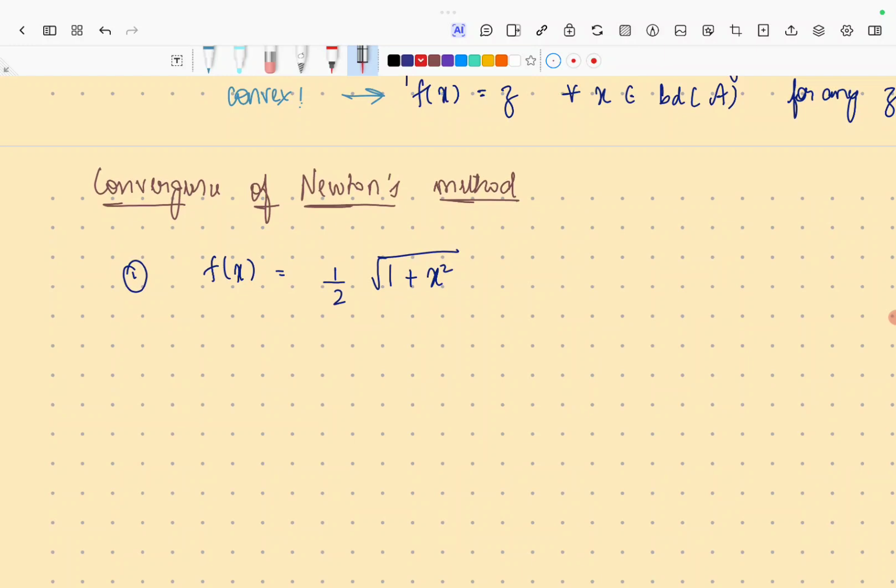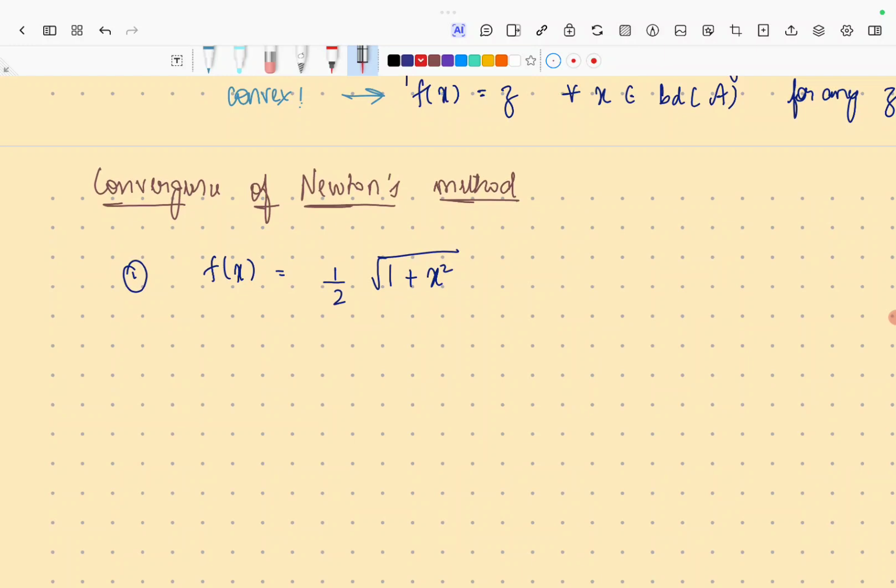Suppose that f is strictly convex and I run Newton's method starting from an arbitrary point. Is it always guaranteed to eventually find the minimum? It doesn't matter how long it takes, but can we say that it's always guaranteed to find the minimum?